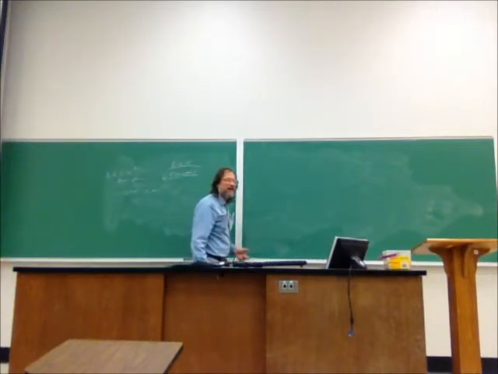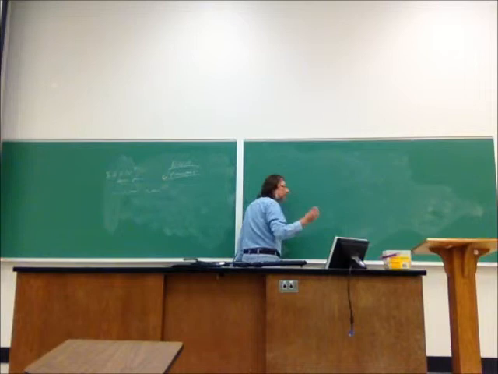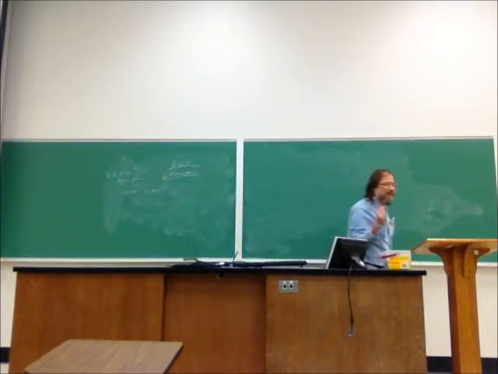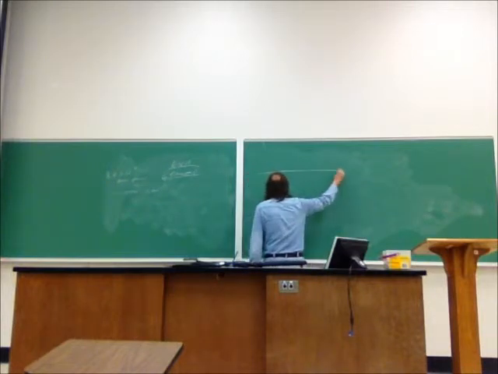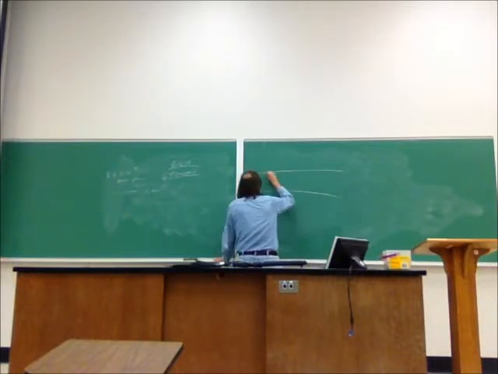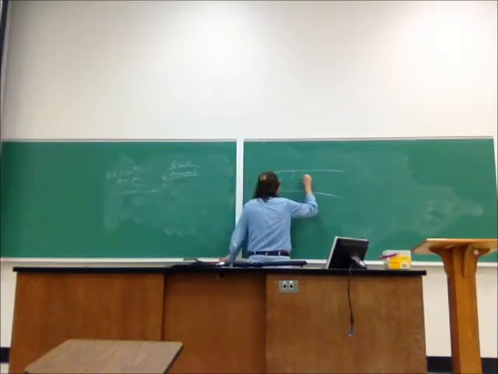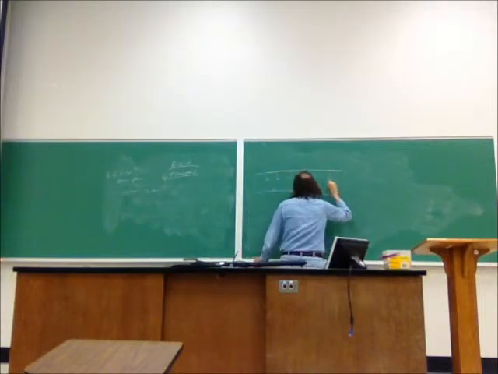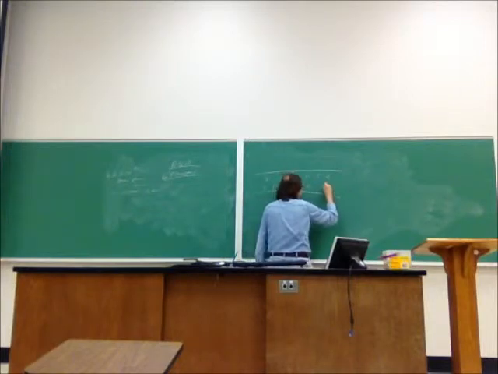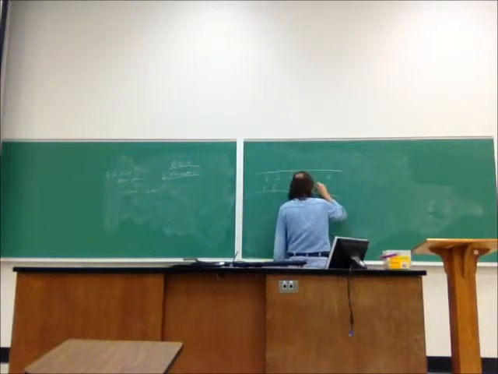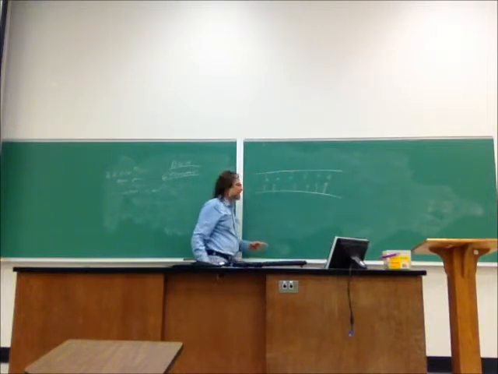Now, how is that information stored? It's basically very much like a language. The sequence of bases on one strand of DNA is going to represent something. So here are two strands of DNA. Okay, here are two strands of DNA.